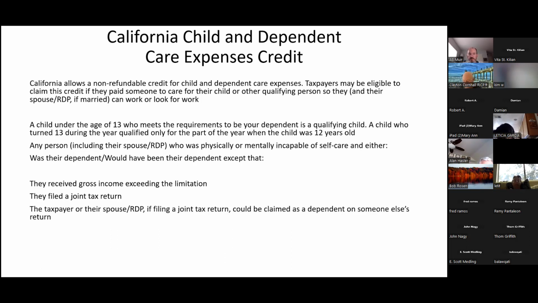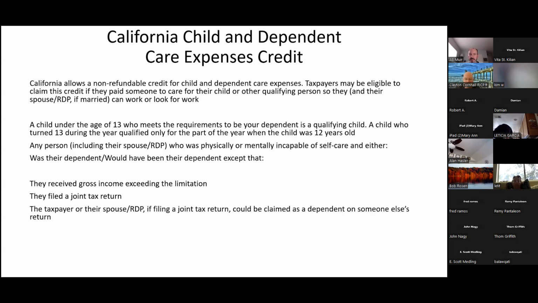That's the general rule. And you're dropping off your kid to daycare, or you're having someone watch that kid, and that kid has to be under 13. So all the payments that you've made for your child, for your daycare provider, when your kid is 12, all of that can be used to calculate the credit.